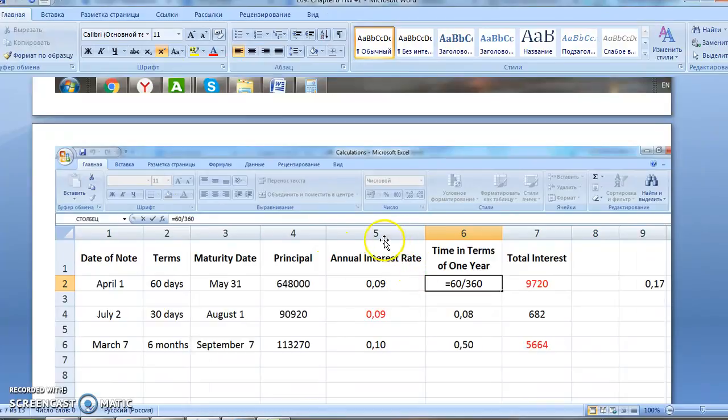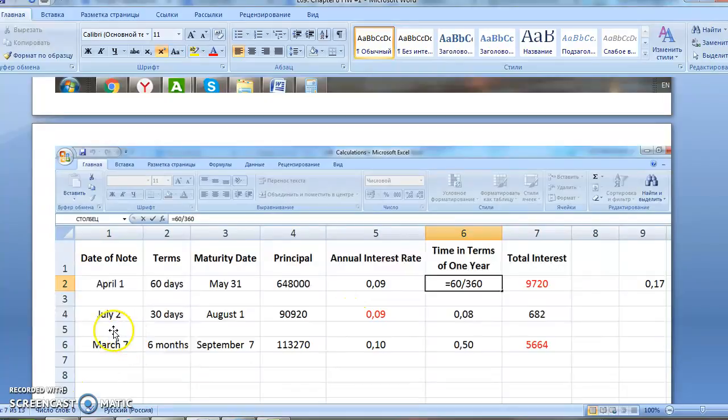Then we determine the annual interest rate as a quotient, dividing total interest of $682 by the product of the principal, which is $90,920, and the factor 0.08, obtained as the ratio of 30 days over 360 days. As a result, we get an annual interest rate represented as the factor 0.09.